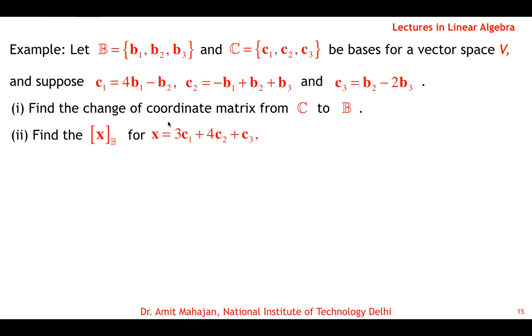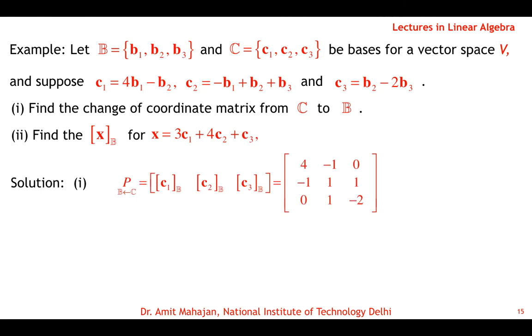The C coordinate of x is given: it is 3 4 1, and we have to find the B coordinate of x. So clearly now we have to find the matrix P_CB, instead of P_BC. That means if I write C1, C2, C3 in terms of basis B, what are the weights?